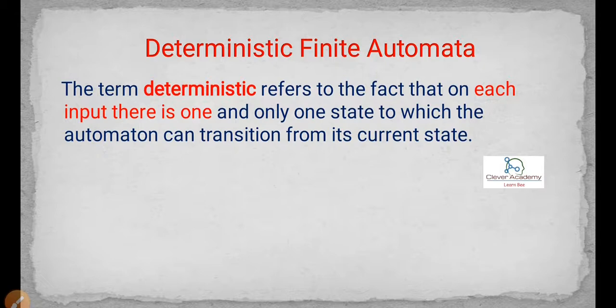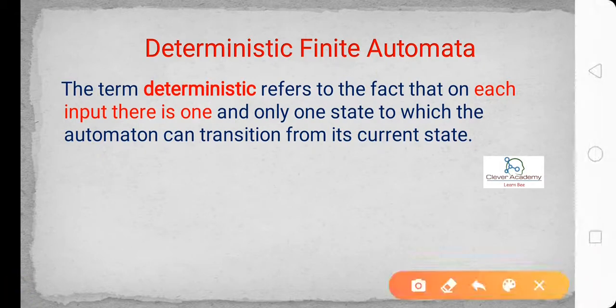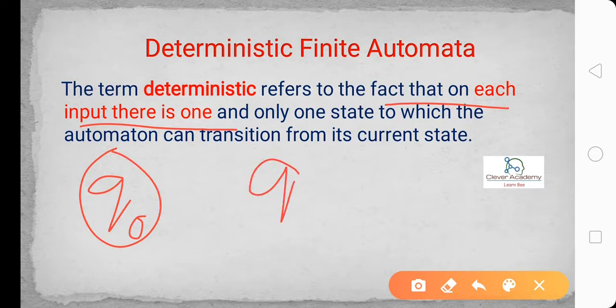Coming to the normal definition, deterministic refers to the fact that on each input there is only one state. Whenever you have states q0, q1 and so on, for each and every input there should be only one state to which you apply the transition.